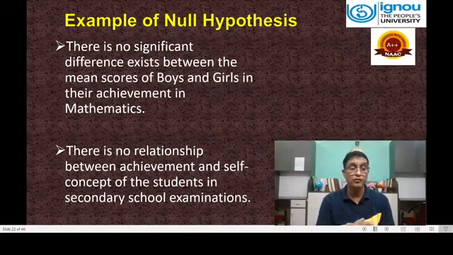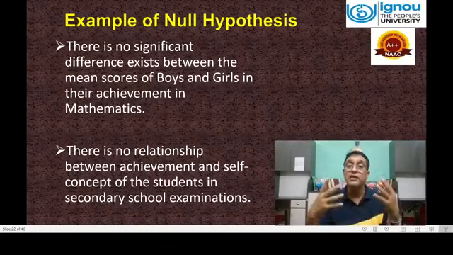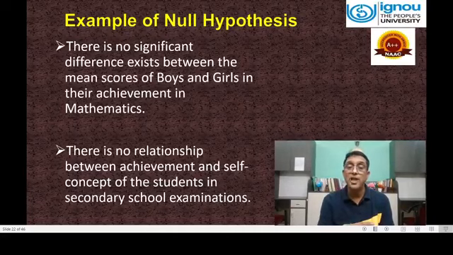We also discussed the concept of hypothesis and its sources, from where you can get knowledge and data for stating it. We discussed different types of hypothesis: directional, non-directional, the research hypothesis, and the null hypothesis, also called the statistical hypothesis, with certain examples.